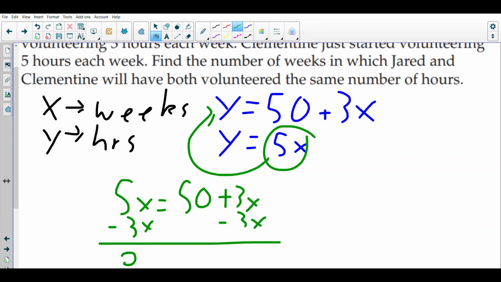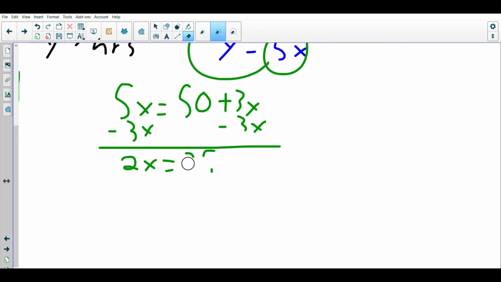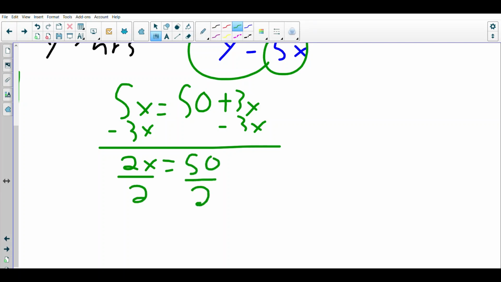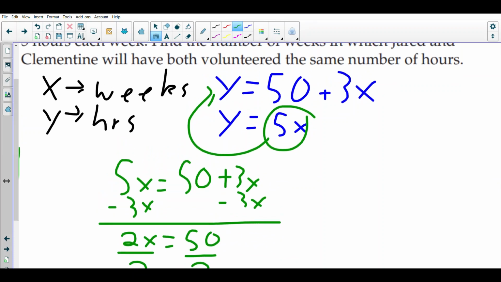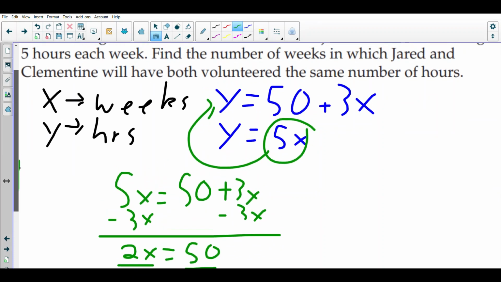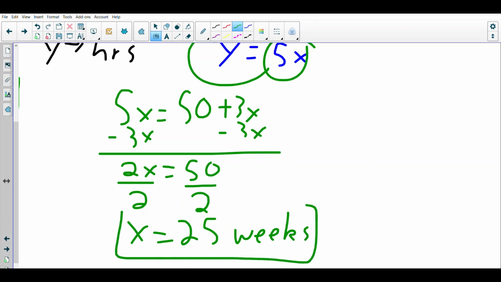So I get 2x is equal to 50. Divide by 2. So x is equal to 25. And x represented the number of weeks, and that's what I was really looking for. So I'm done. It would take 25 weeks for them to have the exact same number of volunteer hours.